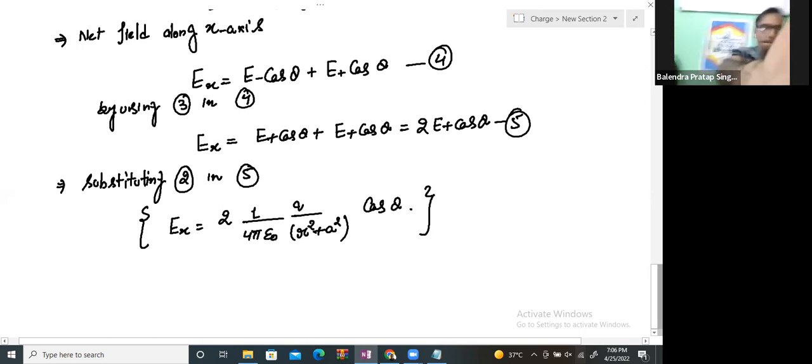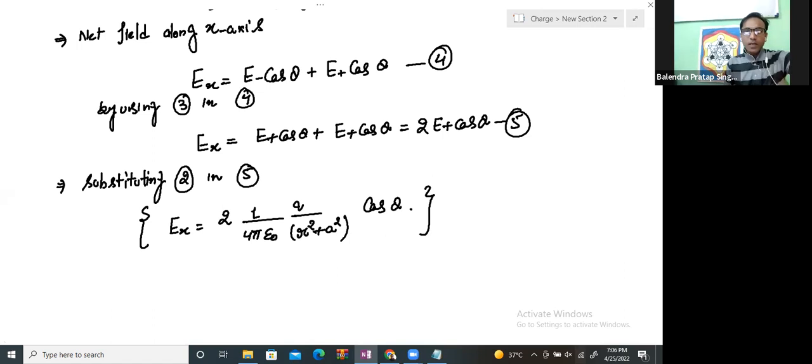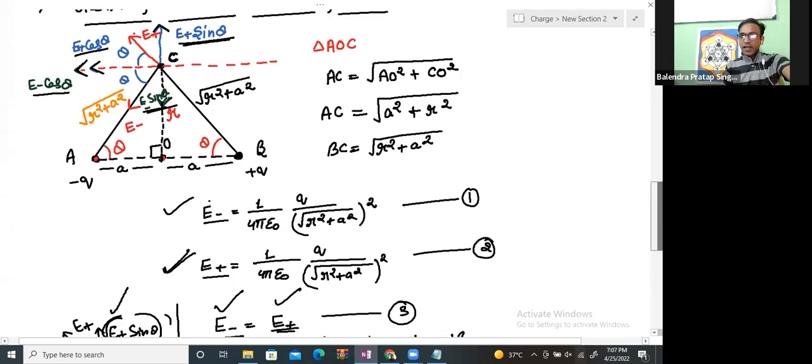How can we find the value of this cos theta? From this triangle. If you consider the triangle AOC, see the diagram, here we can find cos theta. What is the value of cos theta?